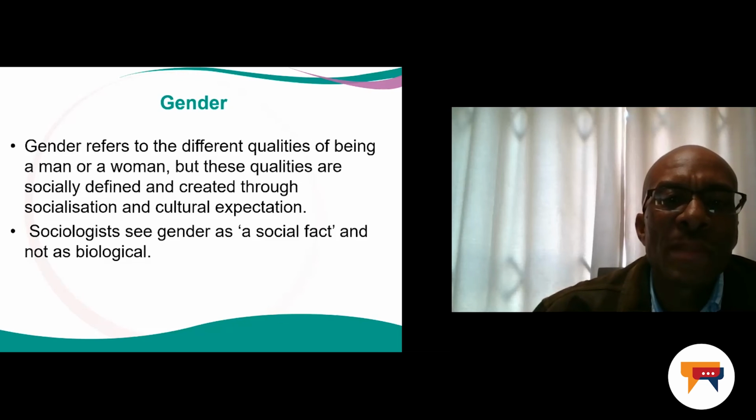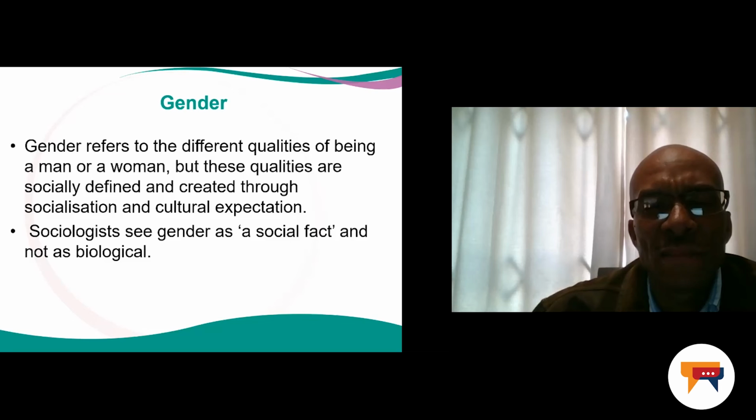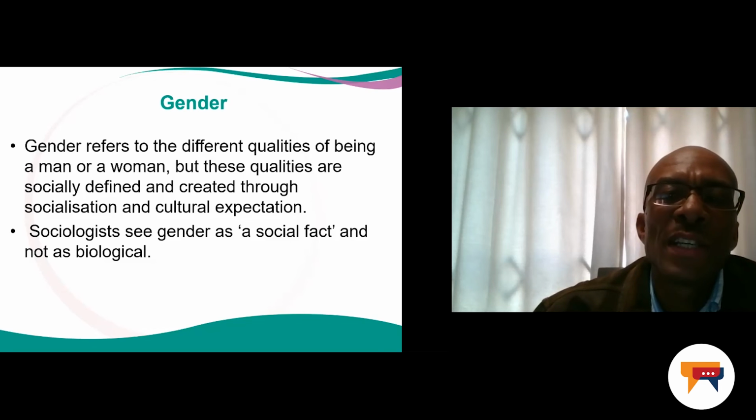The next concept for us to look at is gender. Gender refers to the different qualities of being a man or a woman. But these particular qualities are socially defined and created through socialization and cultural expectations.